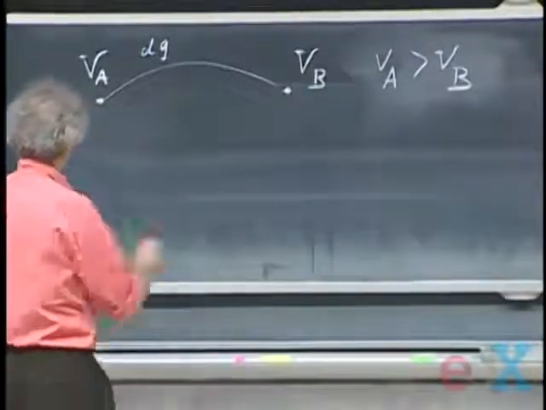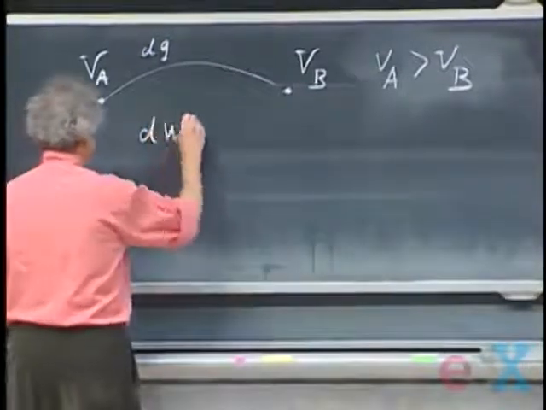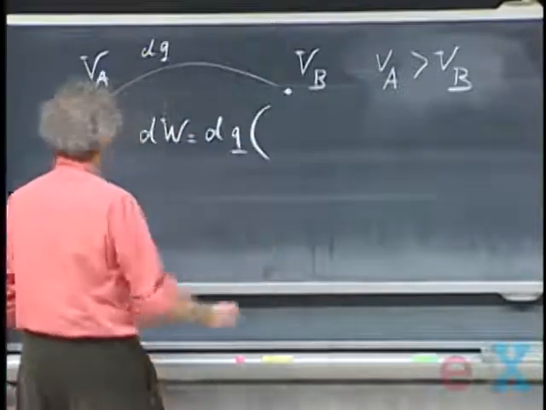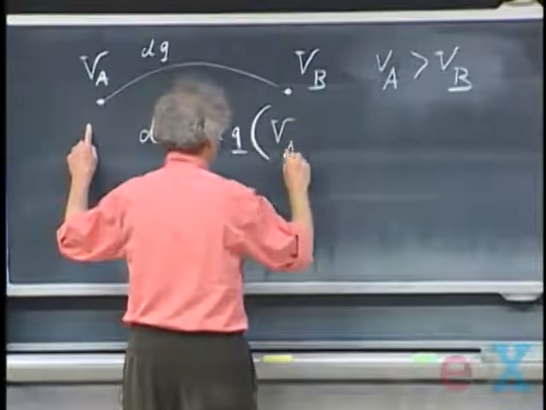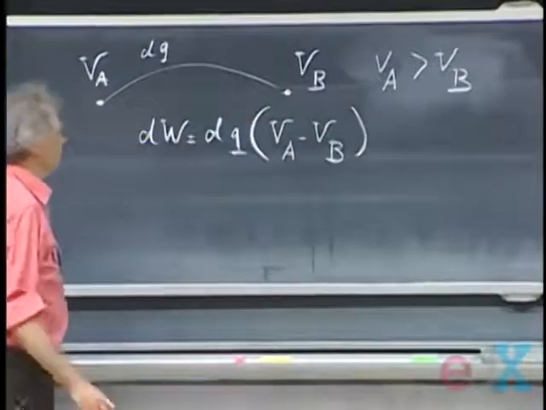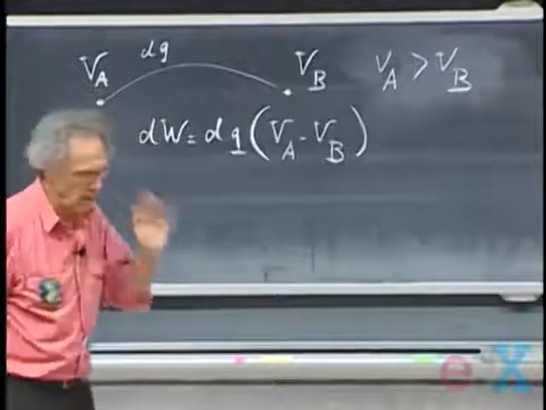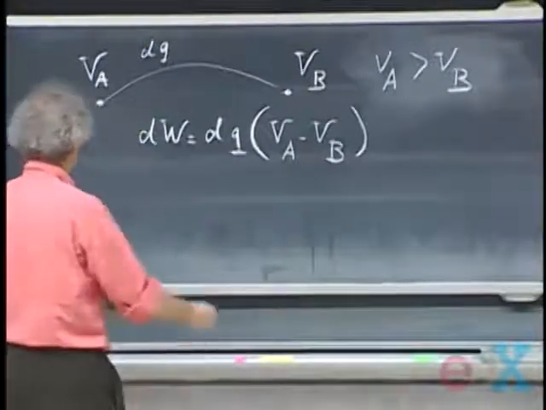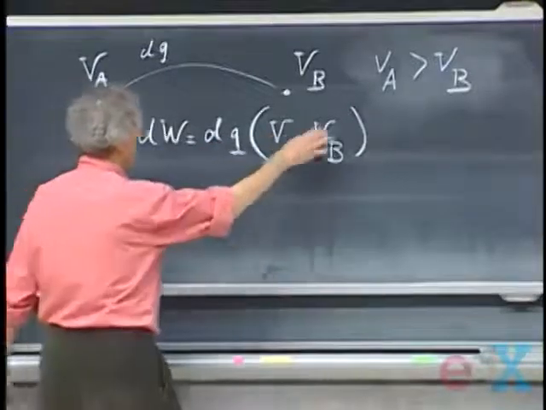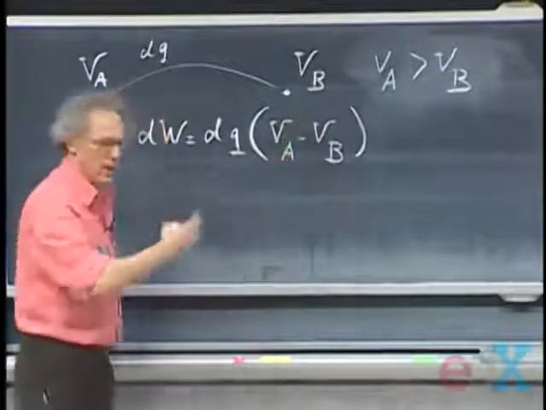And the work that the electric field is doing, dW, is the charge times the potential difference, which is VA minus VB. This work can be positive if the charge is positive, can be negative if the charge is negative, because we have assumed that this is positive in this case.